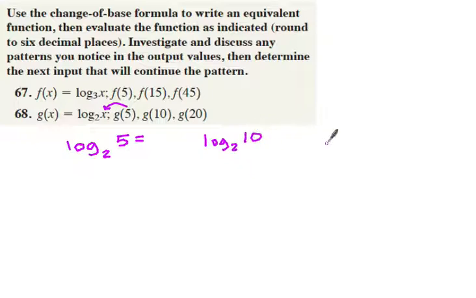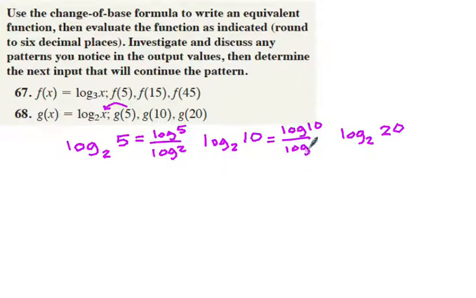What is that? And then it's going to look at log base 2 of 20. Okay. And so we know, based on the base change rule we just did, that this is going to be log 5 over log 2. This is going to be log 10 over log 2. And this one will be our log 20 over log 2.